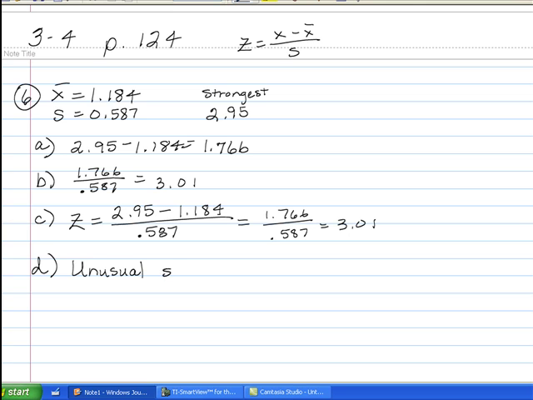Okay, let's move to 11, which also deals with earthquakes. The Southern California Earthquake Data Center recorded magnitudes on the Richter scale of 10,594 earthquakes in a recent year.